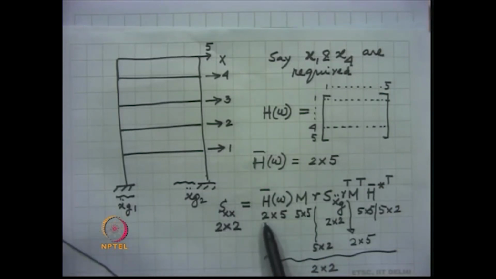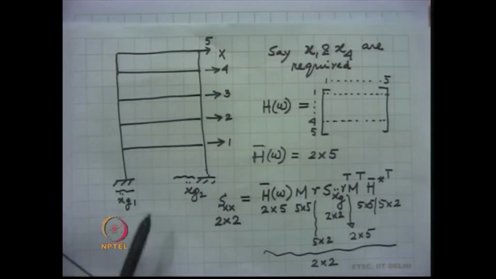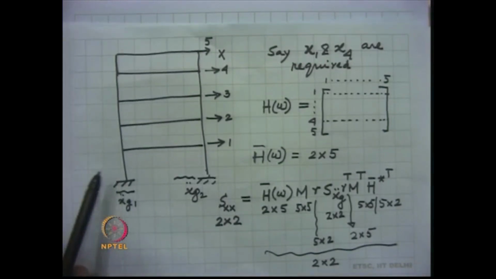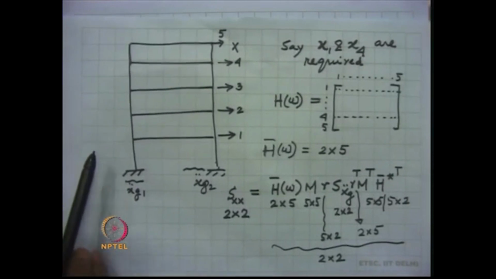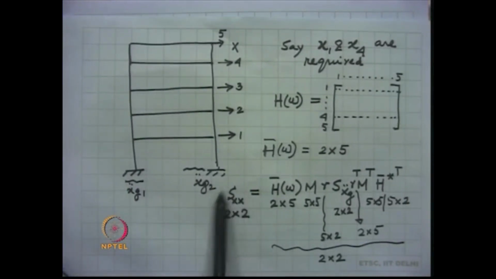If we put in the sizes of the different matrices, this multiplication finally leads to a 2 by 2 matrix, which is the size of the matrix Sxx.